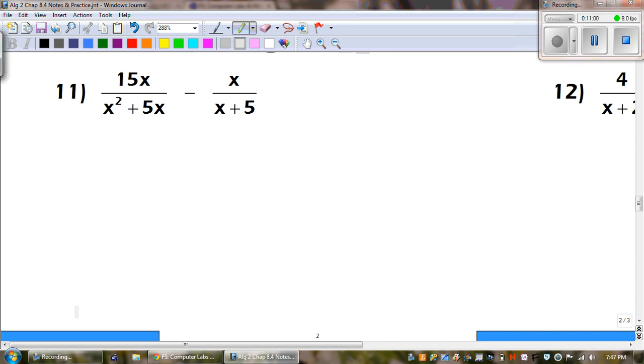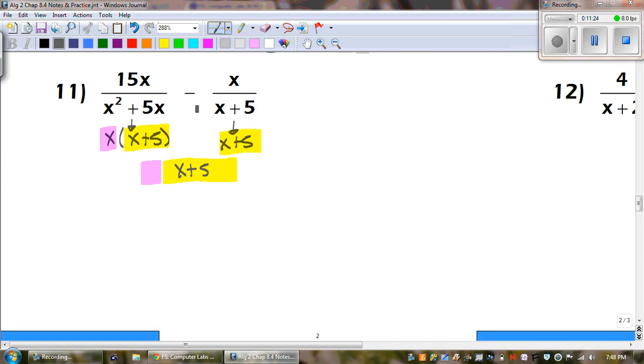All right, number 11. Let's take a look. I can factor this, and we can factor out an x, and we're left with x plus 5. And here we just have an x plus 5. So what they have in common is x plus 5, but then we need to have both of them, so it's x.